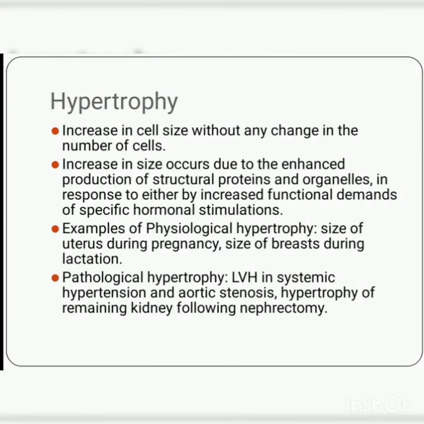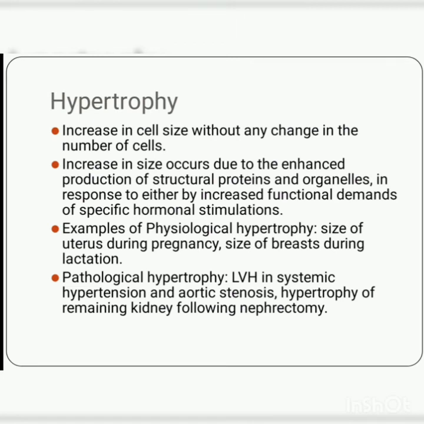Now, we come to hypertrophy. Hypertrophy is an increase in the size of the cell with consequent increase in the size of an organ without any change in the number of cells. In other words, in hypertrophy there are no new cells, just larger ones of the original cells.